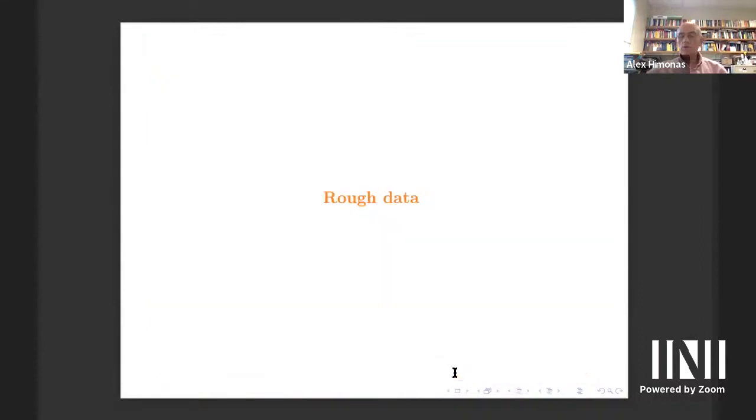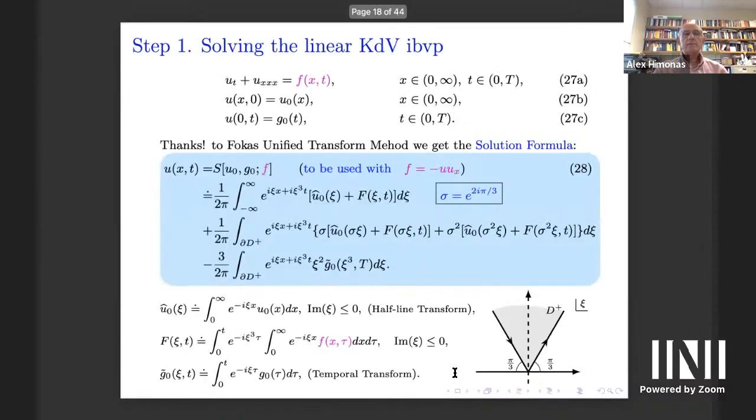And now we're going to go to the rough data, and we are going to apply the same method. Again, what I want to leave out of this talk is the analogy between IVP and IBVP.